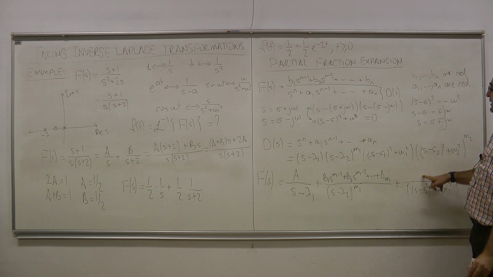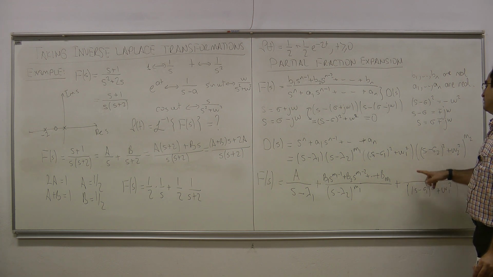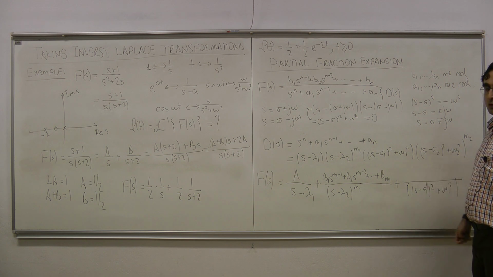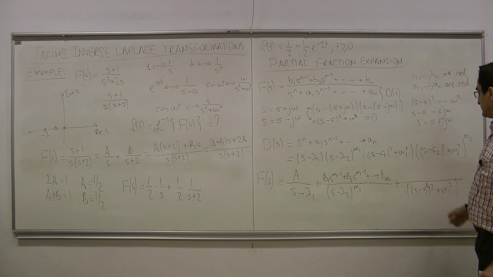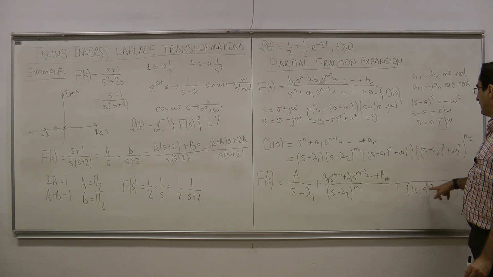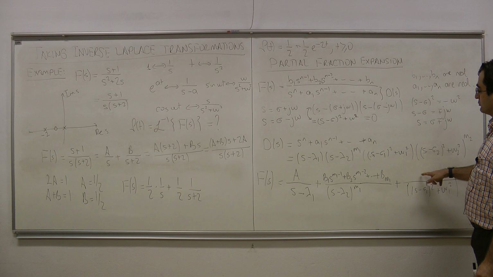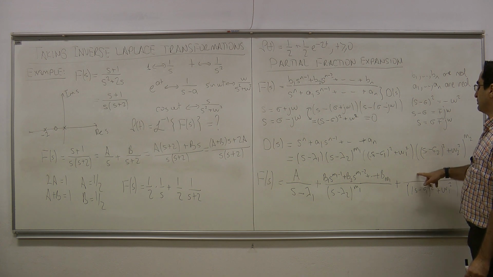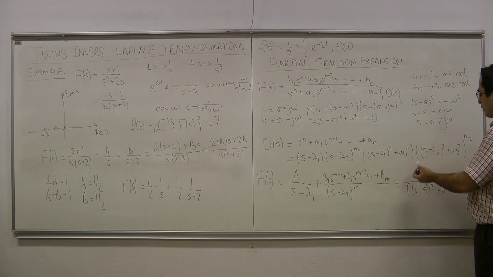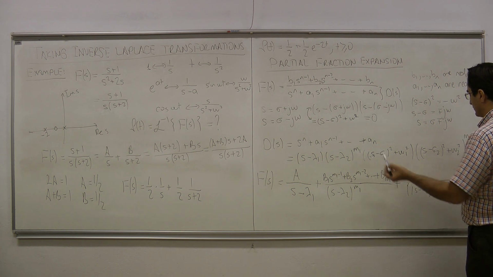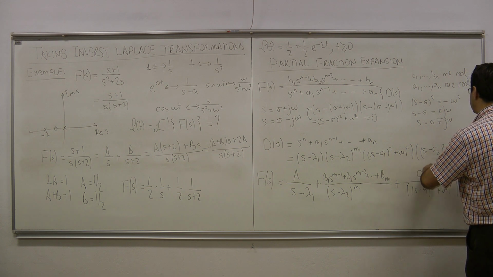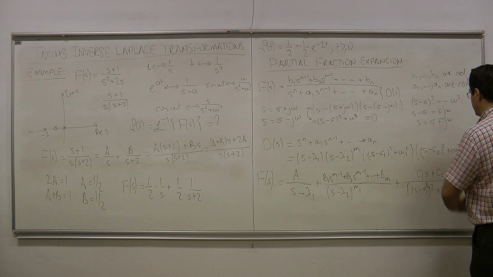And into the numerator, I should always put a polynomial with order 1 less than the denominator polynomial. What is the order of the denominator polynomial here? The highest power of s here is s squared. Therefore, into the numerator, I need to put a polynomial with order 2 minus 1, which is 1. Okay? So that is going to be c1 times s plus c2.